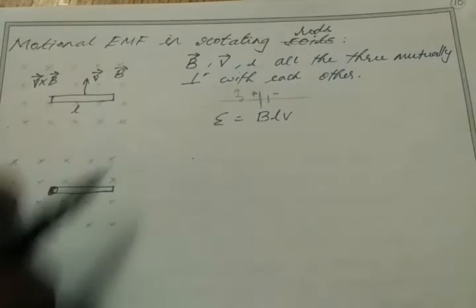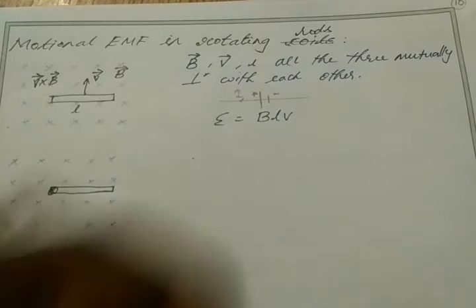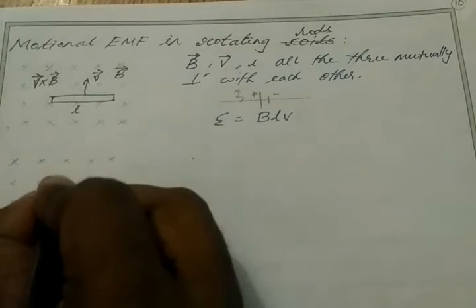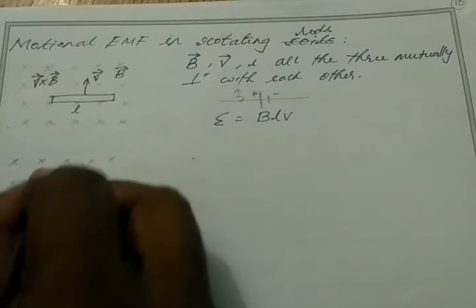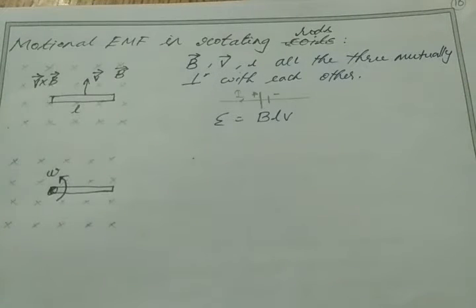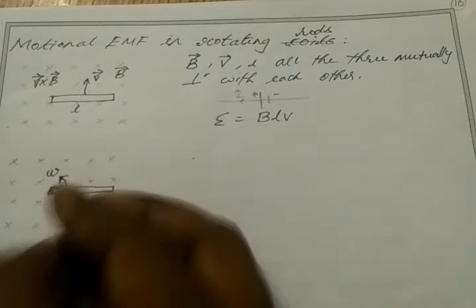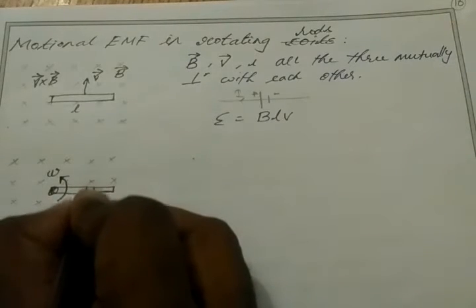The rod is rotating with an angular velocity omega. When there is linear displacement, then we simply use the word velocity. If it is rotating, then we use the word angular velocity. So the rod is rotating with angular velocity omega. Okay. So in this rod, consider a small element dx.